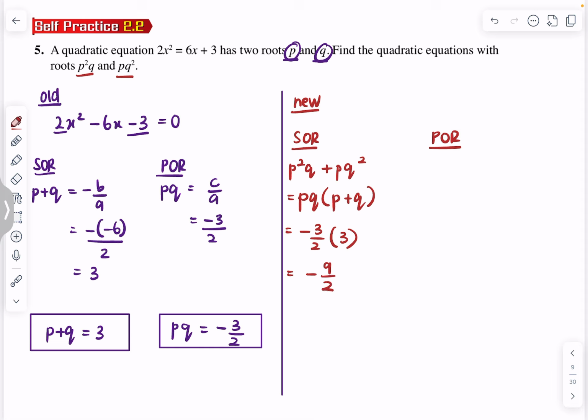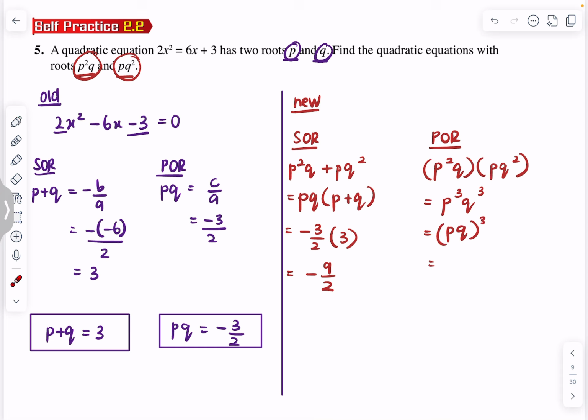We do the same thing for product of roots. So these are our roots. So product of roots will be p squared q times pq squared. This is p cubed q cubed. Or in other words, pq cubed.